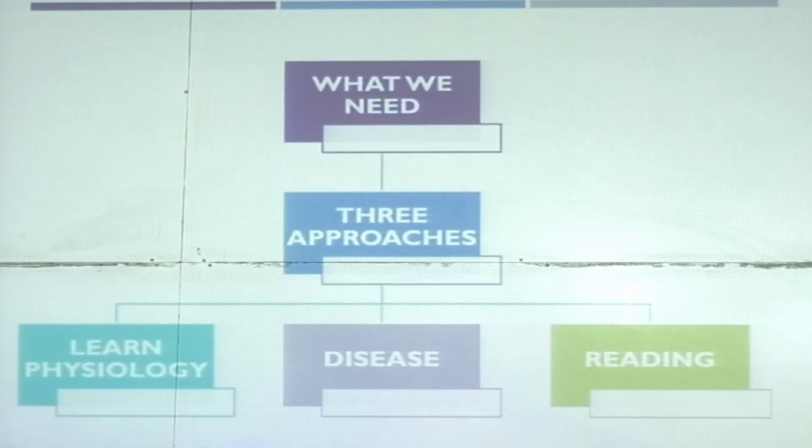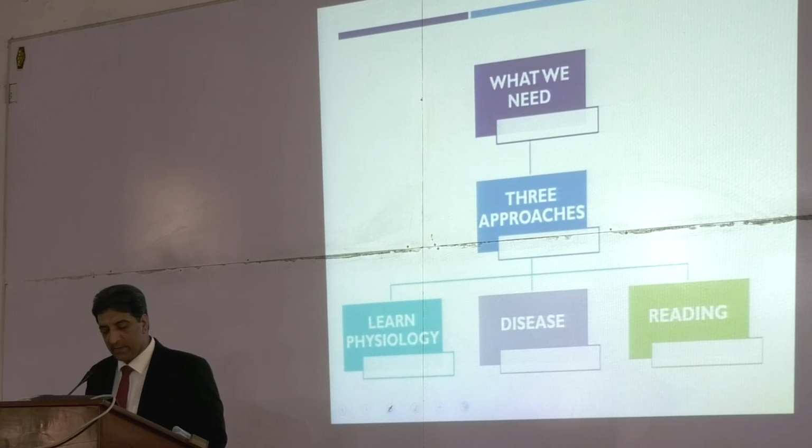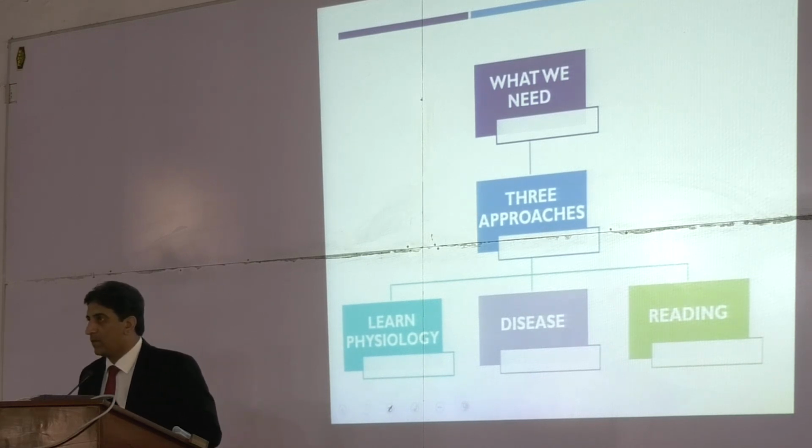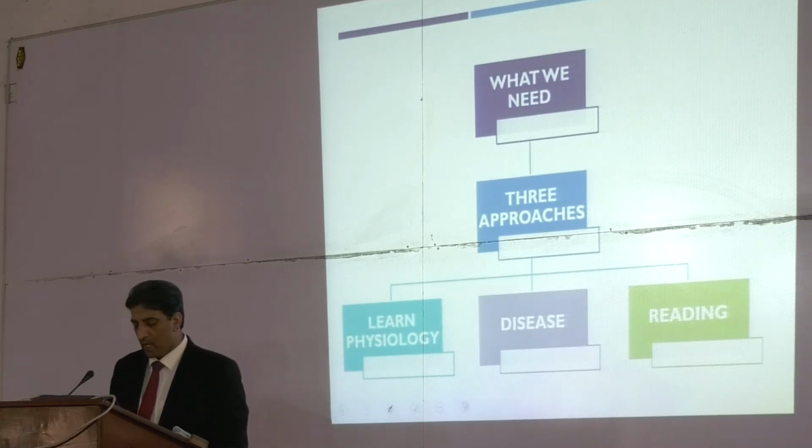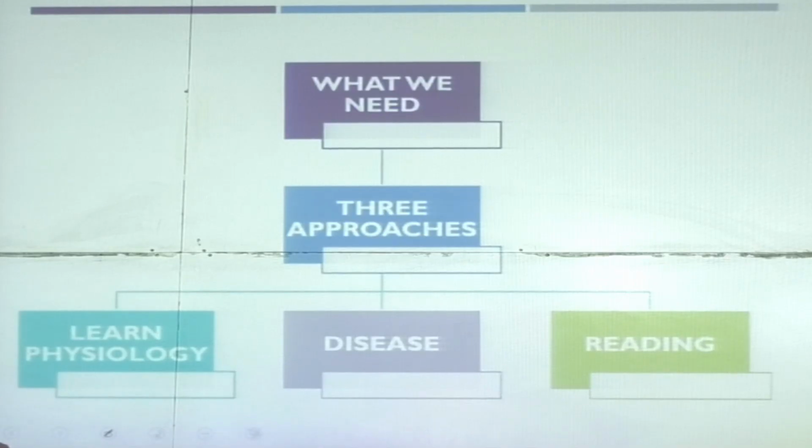Now, the first is just a brief summary of the first session. That is what we need to solve a clinical problem. What we need to do in problem-based learning. Three approaches are required. Number one, learn physiology and apply physiology. Second is disease.